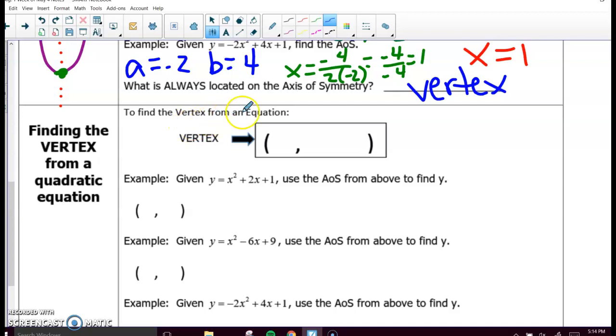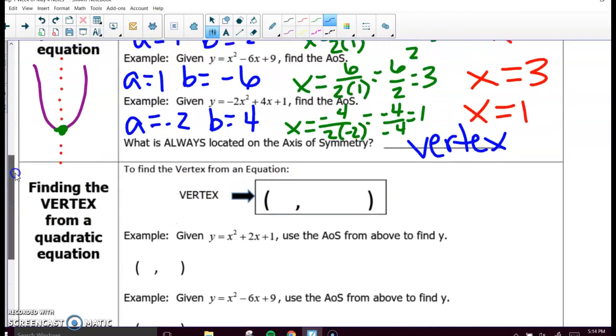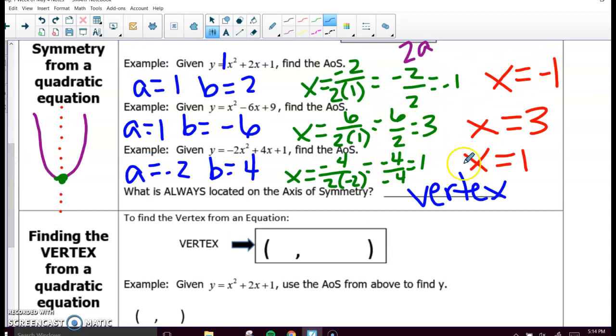To find the vertex from an equation, well, up above, we already found the x value. To get the x value of my vertex, I'm going to use the equation for my axis of symmetry, the opposite of b over 2a. Once I have my x value, to get my y value, I'm just going to plug that x value in.